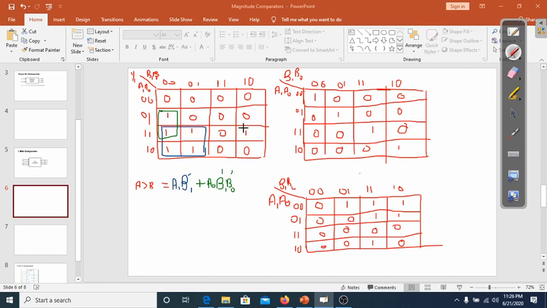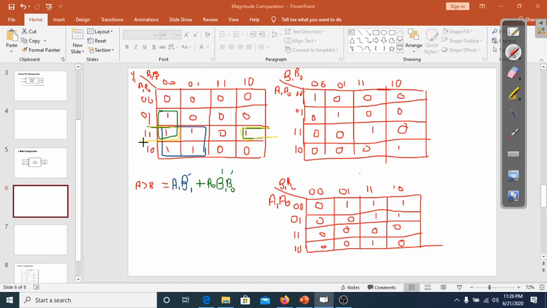Now this min term or this box is adjacent with this box. Let me use some different color, yellow color. So this one is adjacent with this one.